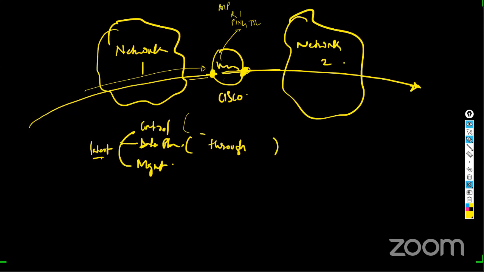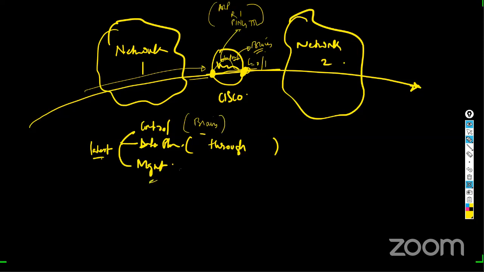The data plane is not capable of handling such packets, so even though it's receiving them, it pushes them to the control plane, and the control plane acts as the brain of the box. It checks this table and says, to reach network 2, go out of your interface 0/1. That is what we have over here, the control plane, acting as the brain.